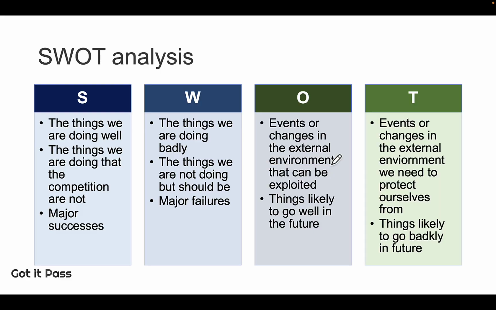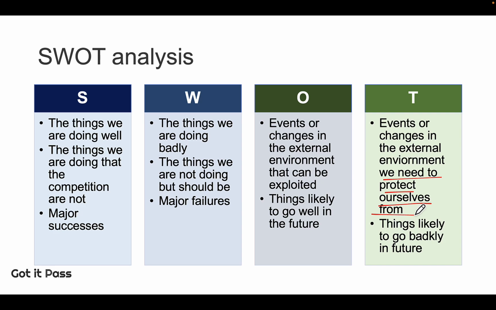And threats, T, are the events or changes in the external environment we need to protect ourselves from. So it's not about our own issue, it's about the trend, things likely to go badly in the future. One example is the fossil fuel or oil industry.